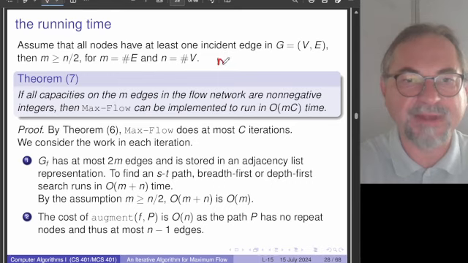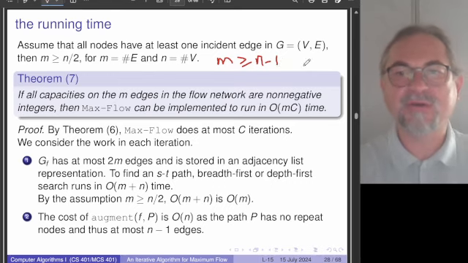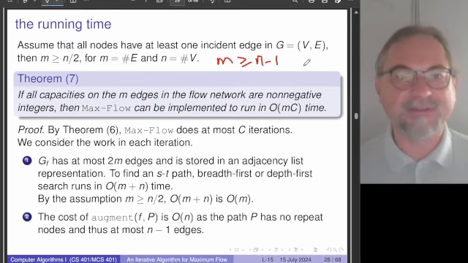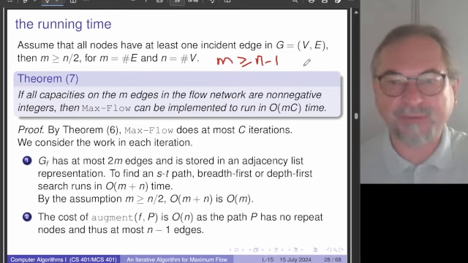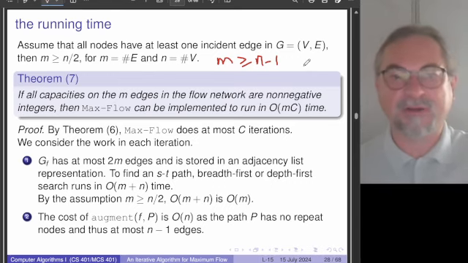What we actually have is that in a connected graph, we have a spanning tree, and a tree is characterized by n minus 1 edges. I copied the assumption from the textbook, but our graphs are connected.